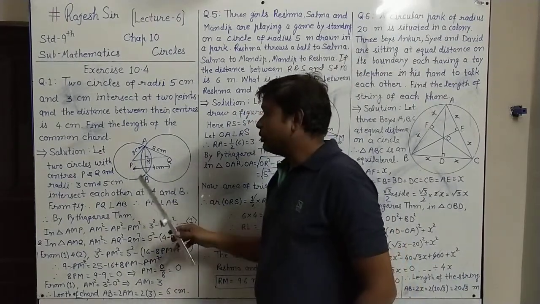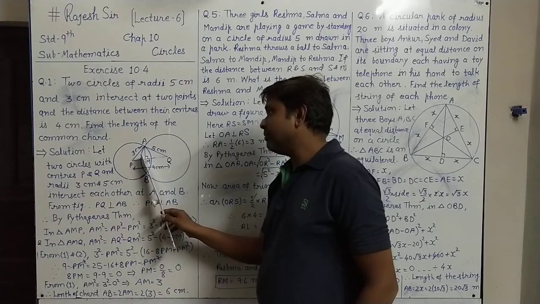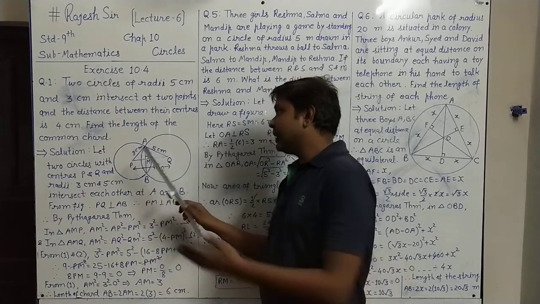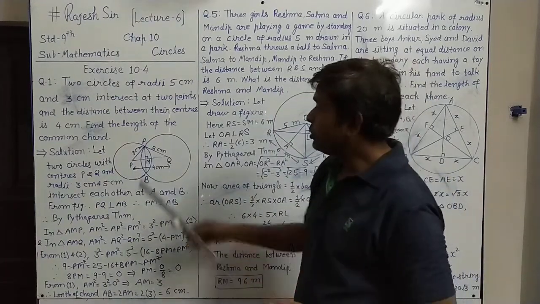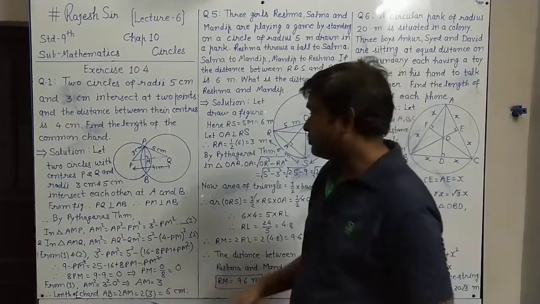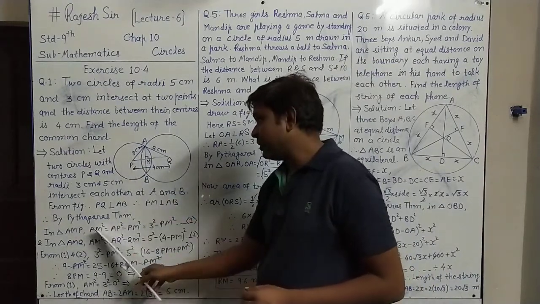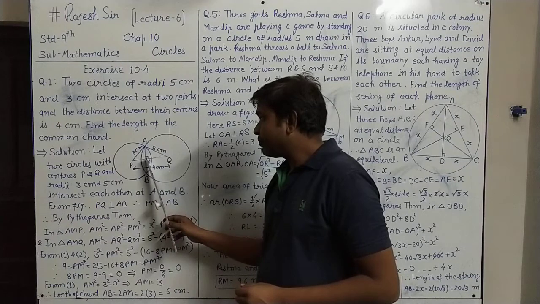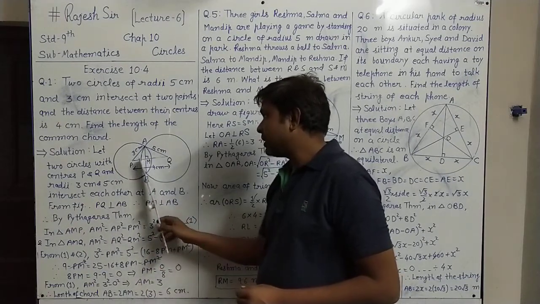And now these two triangles here we have, A, P and M, the right angle is M, and A, Q and M on the right side, and that also has a right angle at M. So on both the triangles by Pythagoras theorem, in triangle APM first, if I take AM square equals to the hypotenuse square AP square minus the other side square PM square.